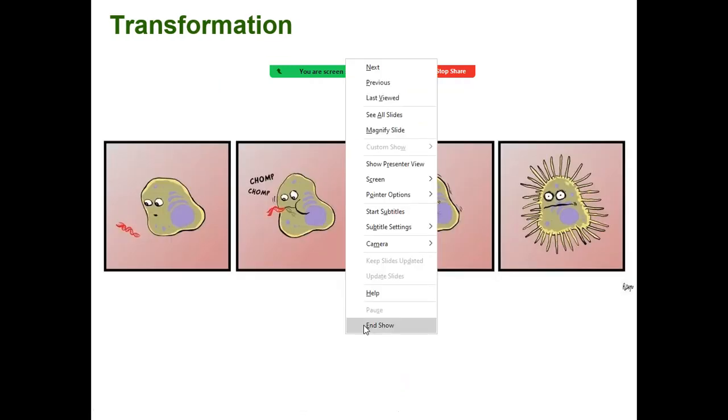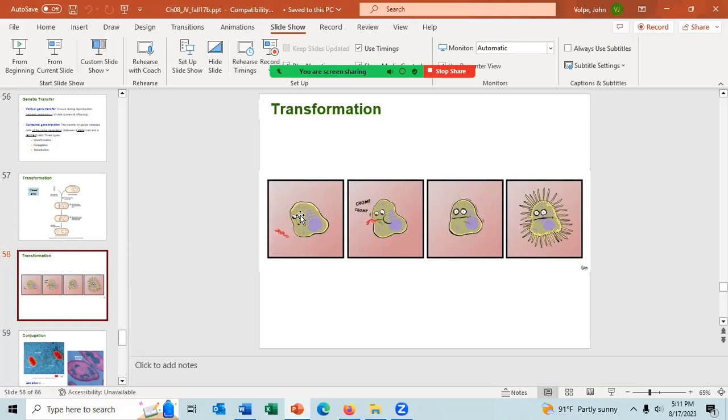Here we're looking at transformation. The cell incorporates a piece of DNA, takes it in. That DNA, some of it is expressed, and that changes the phenotype of this cell.